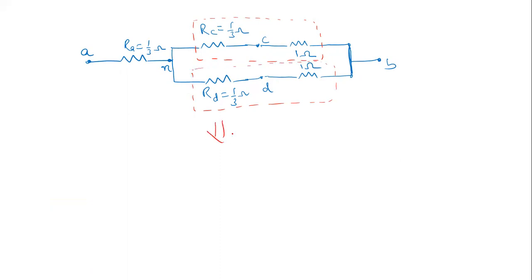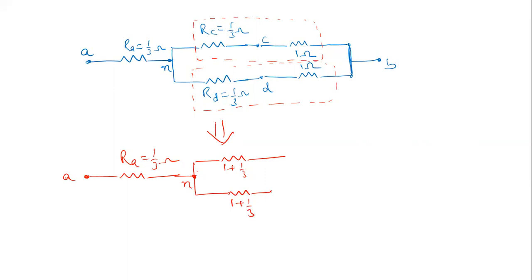So now simplification is like this. So we have A, and then we have a resistance RA, which is 1 by 3 ohm, and then we have split of branches. This junction is N, and this is 1 plus 1 by 3, and this is also 1 plus 1 by 3, and then we have the node B here. Now these two are in parallel, you can see.